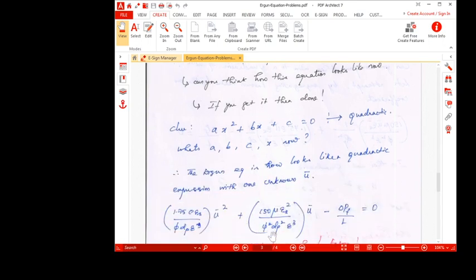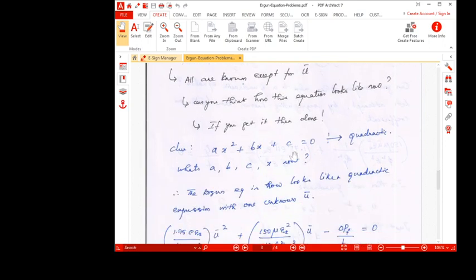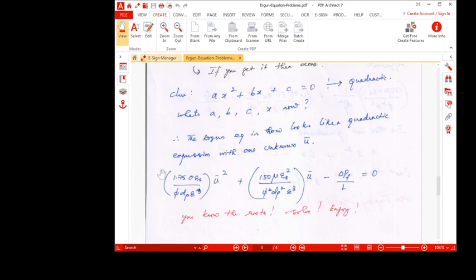This is probably the b term, and now this term is brought to this side, so your c actually has a negative coefficient. So this is a quadratic equation in u, and the only unknown is u, everything else is known. If you know the roots of a quadratic equation, it can be readily solved.